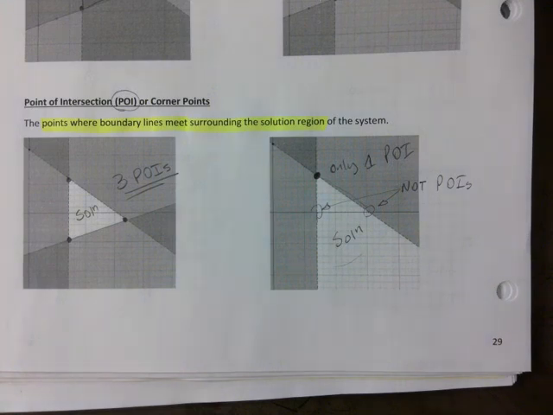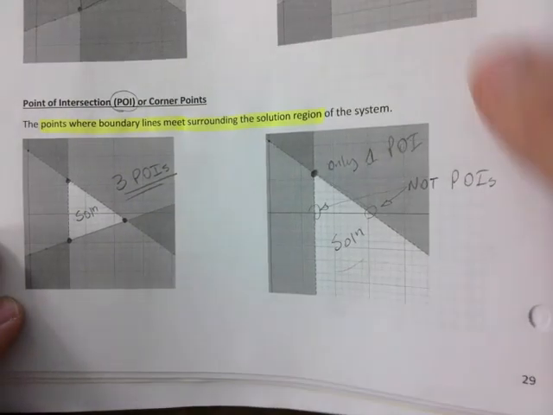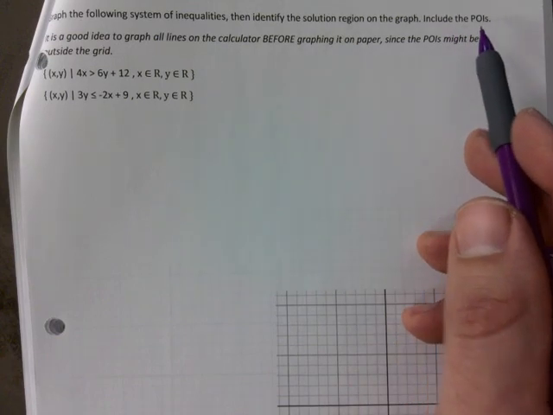Okay, let's go to page 30. I think there's a system waiting for us. Let's go to 30. And you're going to use all that space. Okay, so graph the following systems, then identify the solution region, include POIs.